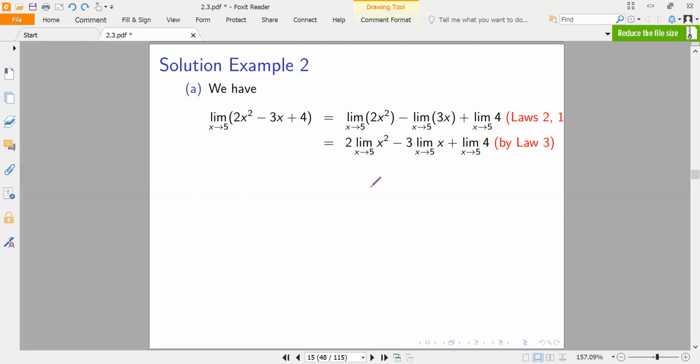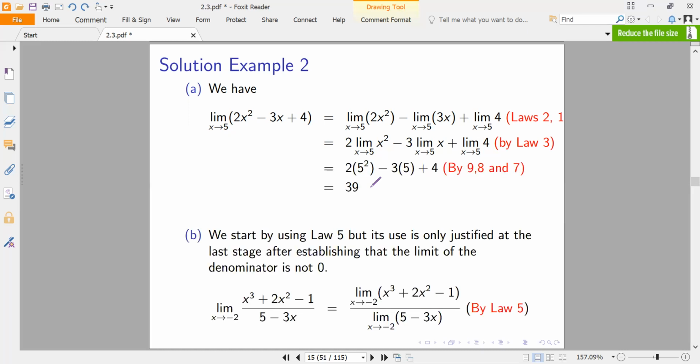Remember, number B uses the quotient law. The quotient law said the limit as x approaches a of f of x over g of x is the same thing as the limit as x approaches a of f of x, all over the limit as x approaches a of g of x in the denominator. So we can say that this is our f and this is our g.